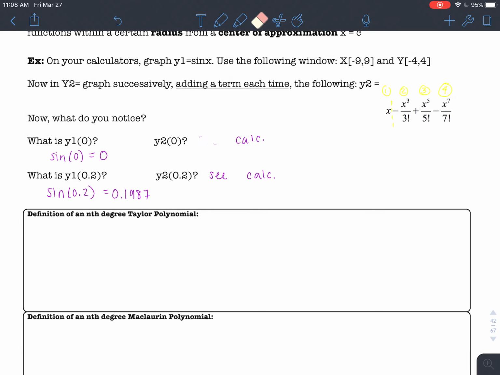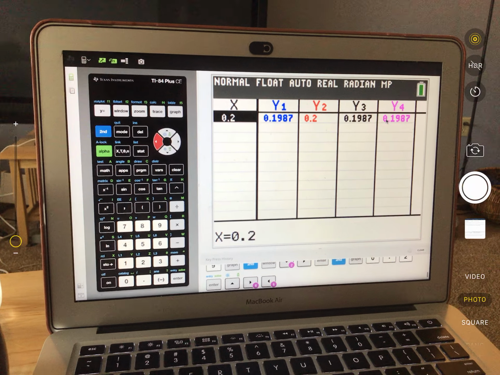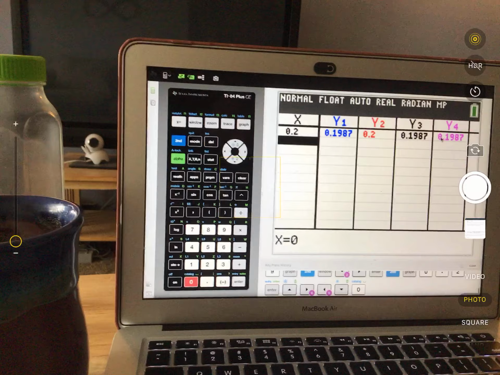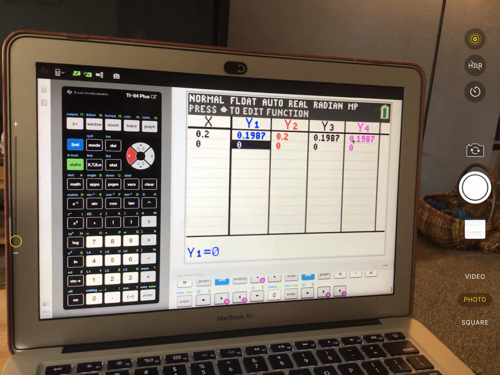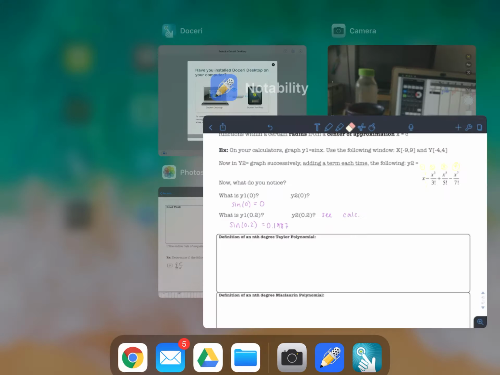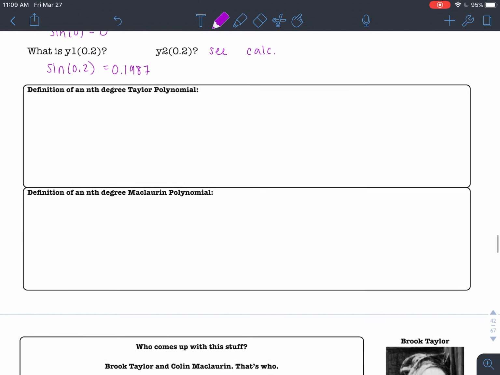I'm just going to write C calculator because it changes each time, except that on our calculators we can say no matter what, do this again. If I go to my calculator and type in 0, they all have a y and x intercept at 0. They all go through that point, which is nice. And the approximations get a little bit better every time we add in a different term.